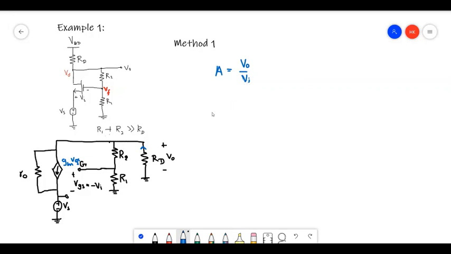First of all, I'm going to calculate the open loop gain. It will be given by the output voltage divided by the input voltage Vi. In order to do this, I have to make some changes here. I'm going to remove this feedback network since I'm considering the open loop gain.